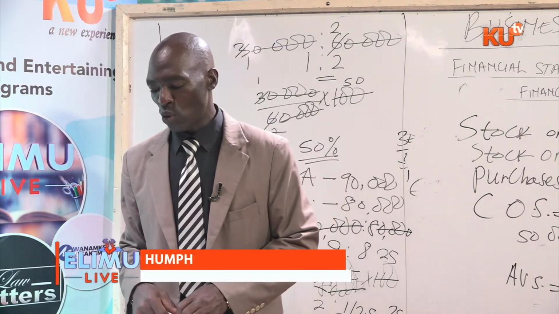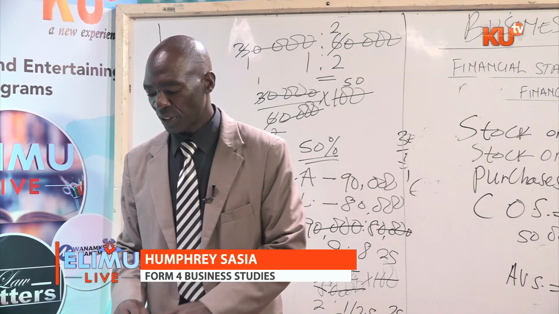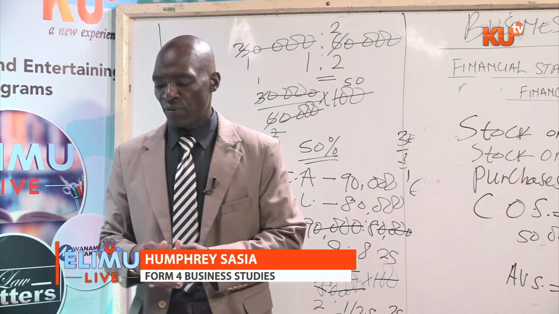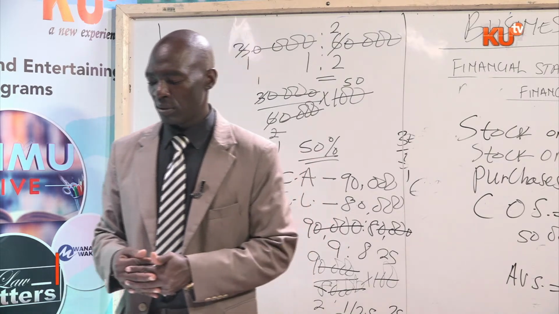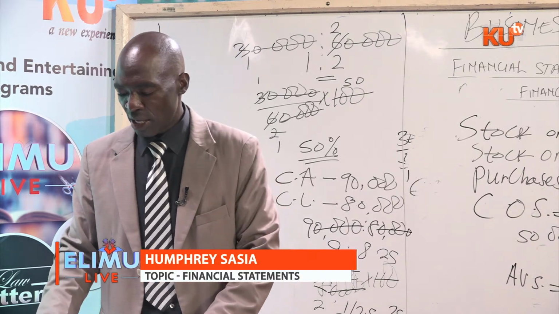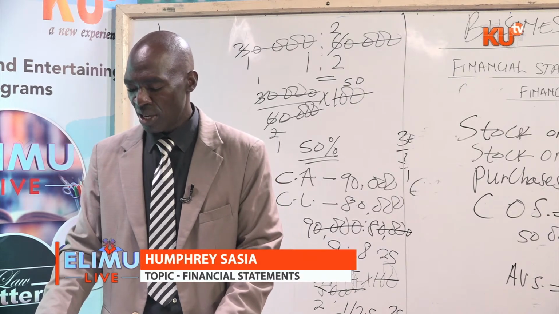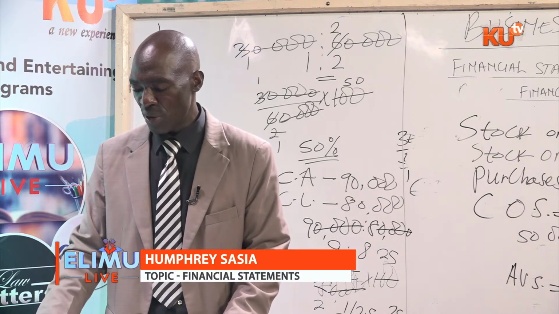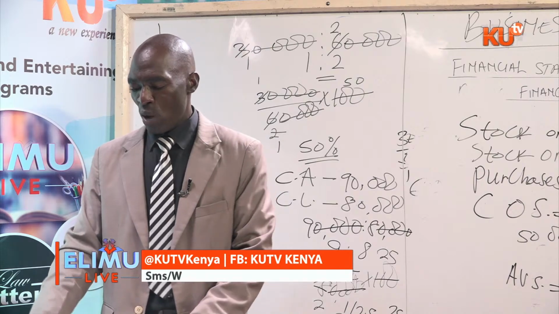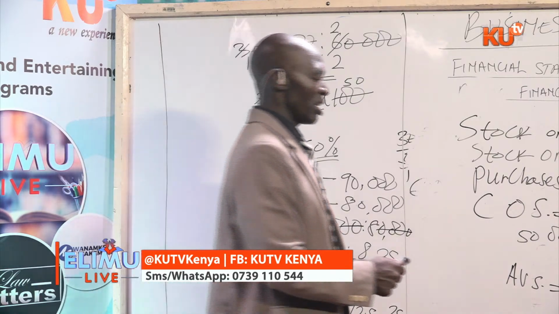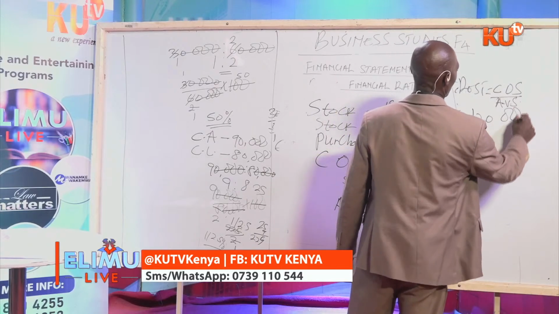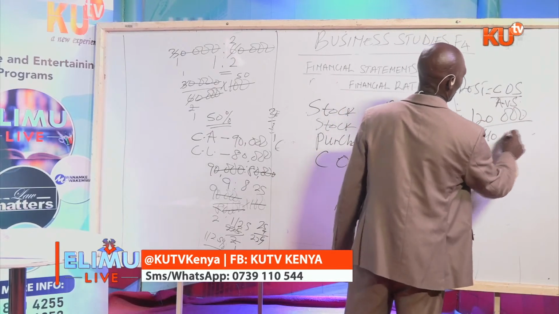So we are going to have the cost of sales expressed over the average stock. So in this case, we are going to have 120,000 divided by 40,000.